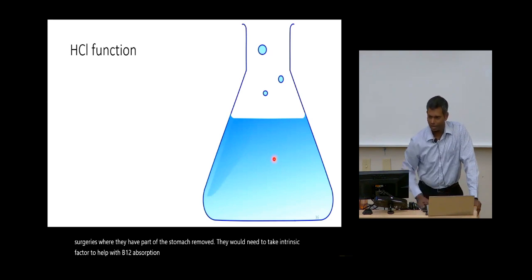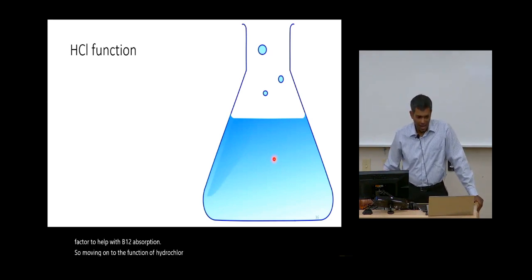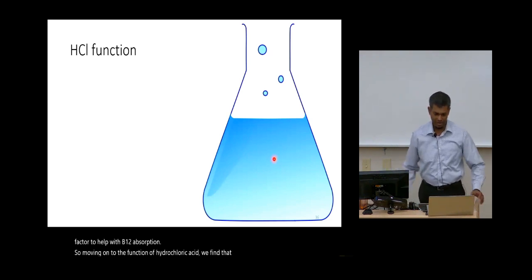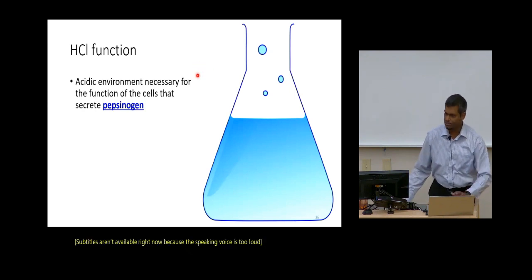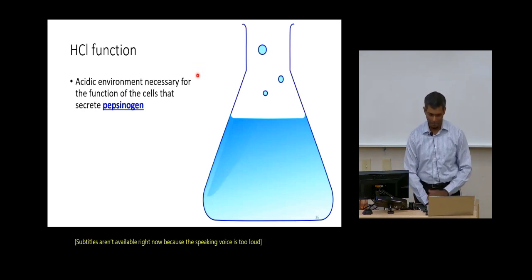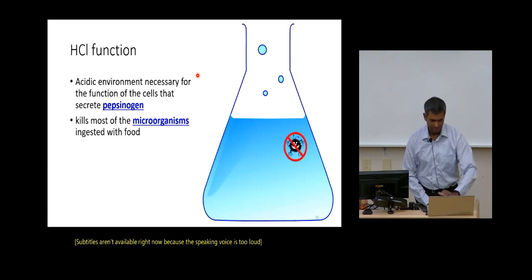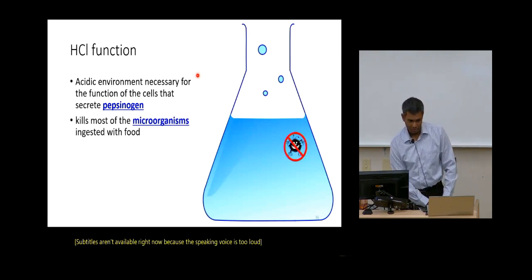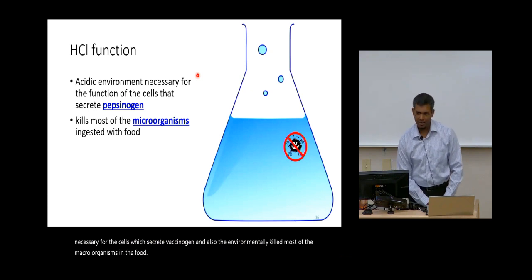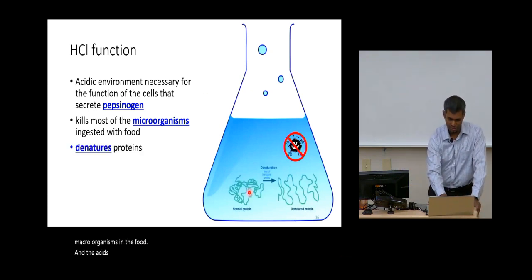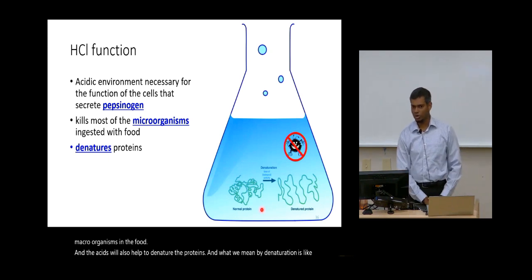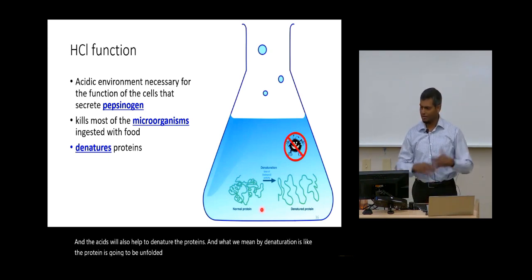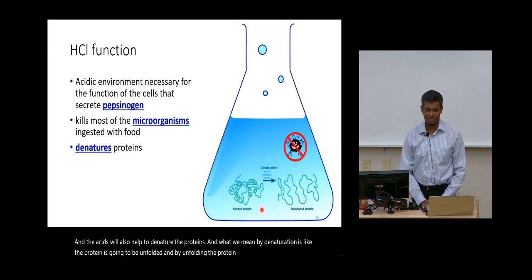So moving on to the function of hydrochloric acid, we find that the acidic environment is necessary for the cells which secrete pepsinogen, and also the acidic environment will kill most of the microorganisms in the food, and the acids will also help to denature the proteins. And what we mean by denaturation is that the protein is going to be unfolded, and by unfolding the protein, it'll increase the surface area to volume.